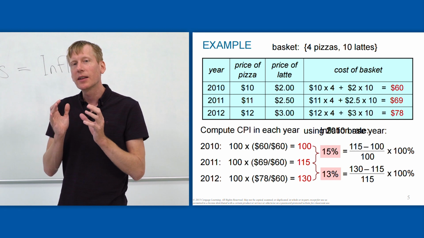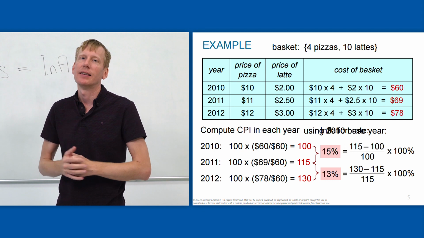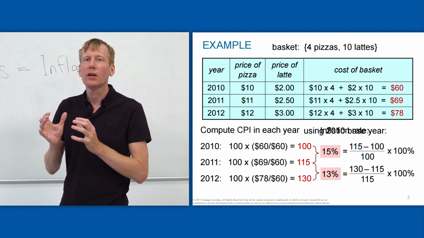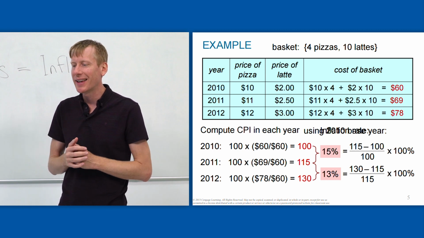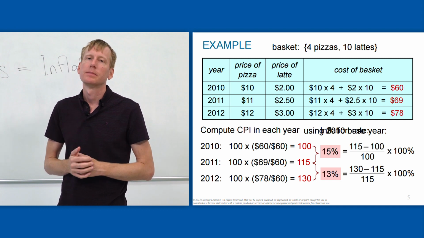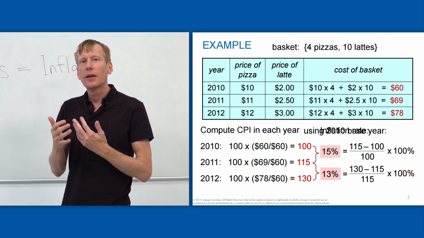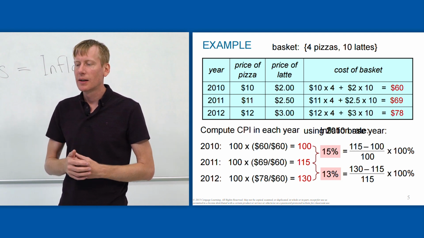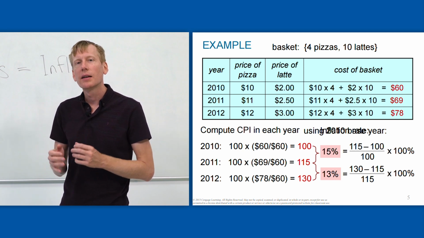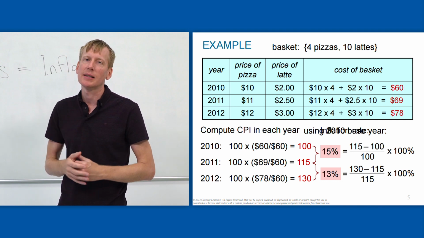So here we assume that the basket is going to include 4 pizzas and 10 lattes. So then in the base year, where our prices are 10 and 2, our total cost of the basket is 4 times 10 plus 2 times 10, 60. As we move forward from 2010 to 2011, and the price of pizza rises from 10 to 11, and the price of lattes rises from 2 to 2.5, the cost of our basket will rise, although the ingredients of the basket will not.